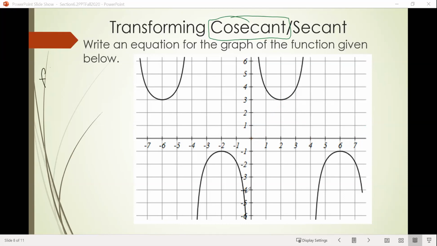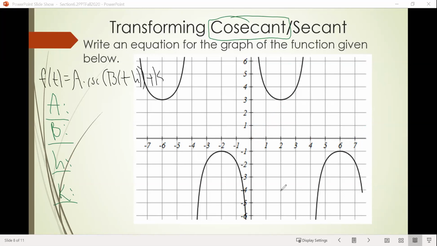So f of t equals A times cosecant of B times (t minus H) plus K. And again, we have to find all these values. So A, capital B, H, and K. And as I mentioned at first, we can just assume that H is 0, that there's no horizontal shift here because this is a cosecant function.